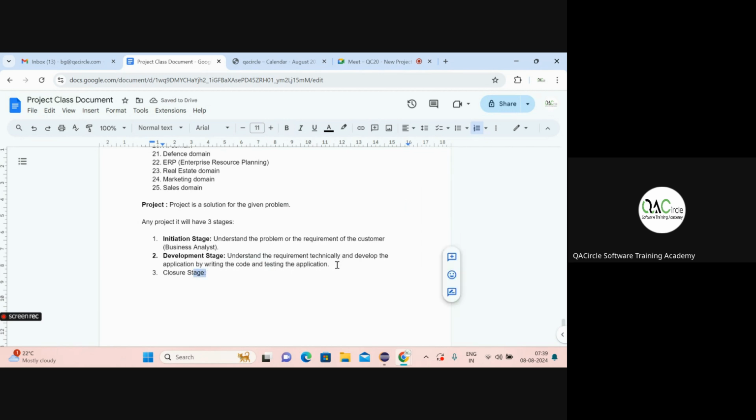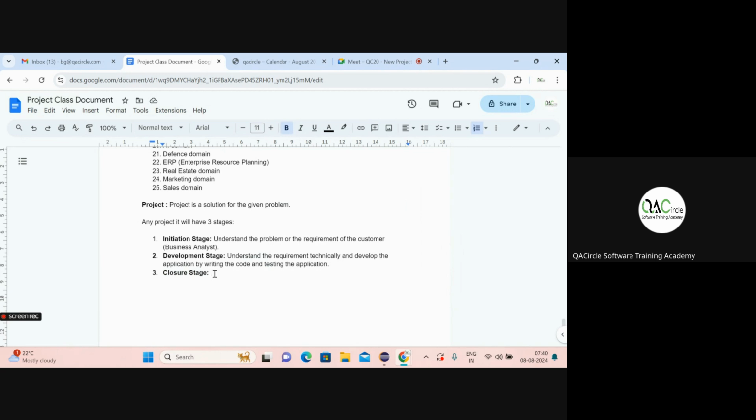Once the development stage is complete and we feel this project is working as per the expectation, as per the customer's requirement, we will close this project and submit it to the customer.